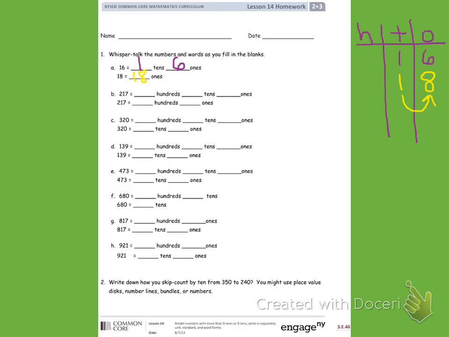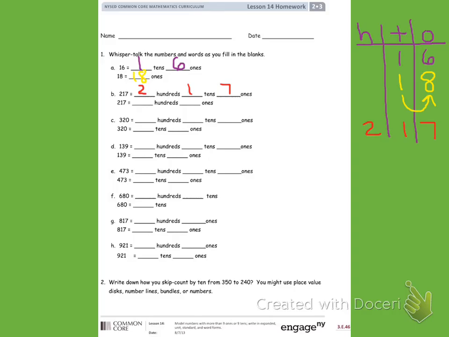The same technique can be used when writing problem B, 217. After looking at the chart, I can see that there are two groups of 100, one group of tens, and 7 groups of 1.